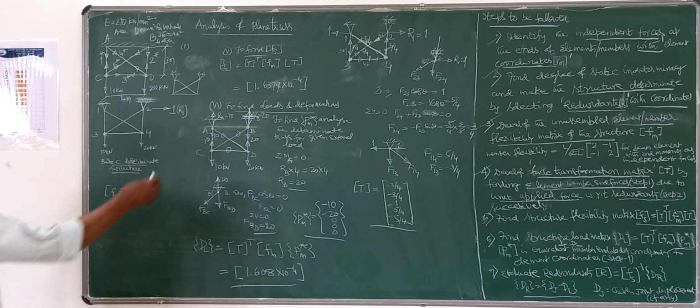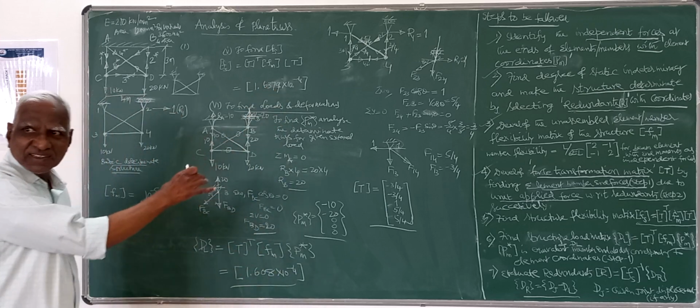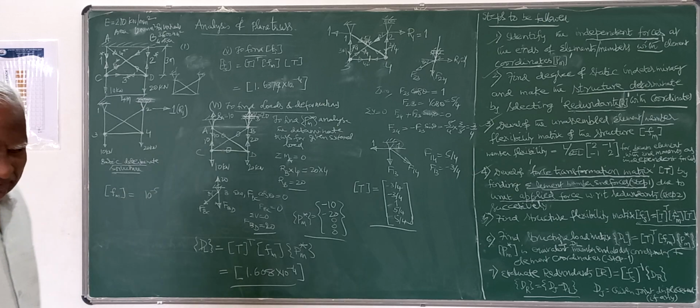And Fs is 1.6379. Both are confusing, only changes there in the second decimal.